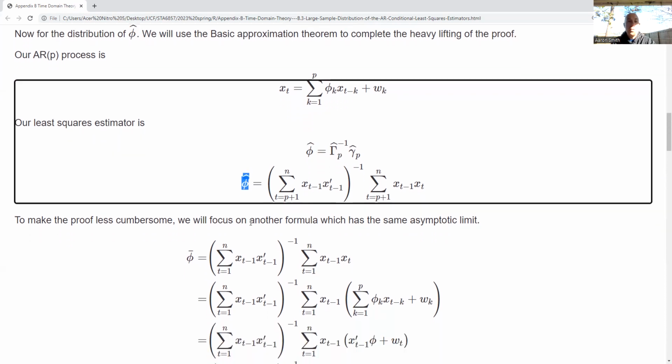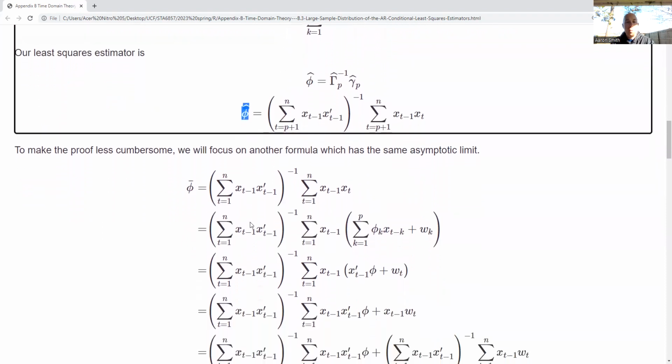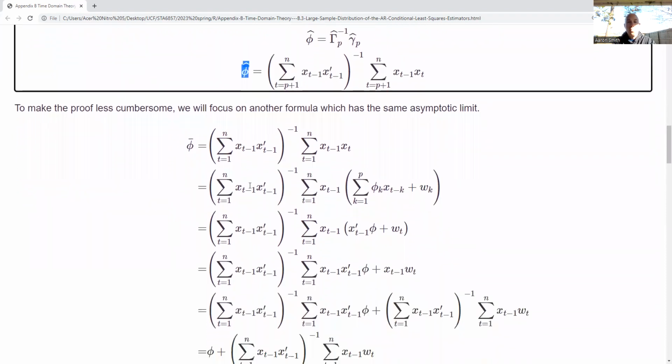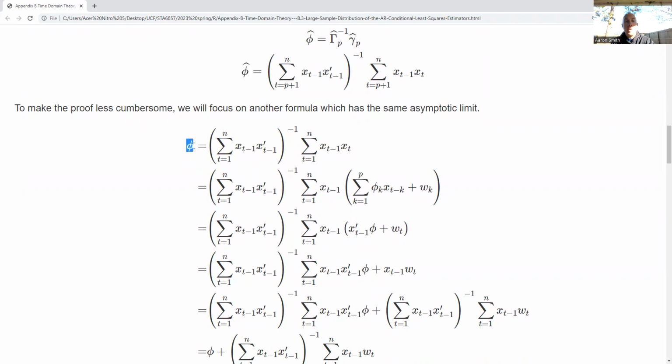All right. So now let's keep going with this. What we've done here is that I'm just going to work with this estimator instead because it's easier from a pencil and paper mathematical proof version. And I'm just going to start working through some stuff. All right, so I'm going to take my estimator.